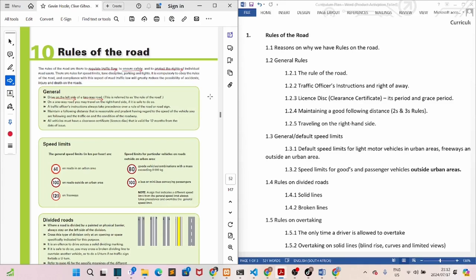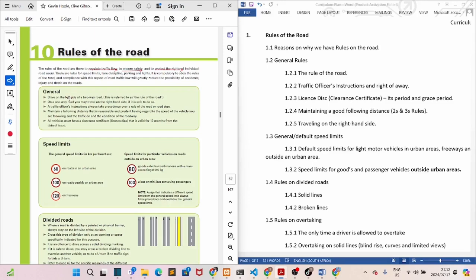The second one is a rule about a traffic officer's instructions. That one says the traffic officer's instructions are above the rules, the markings, the signals, everything that you learn in this.